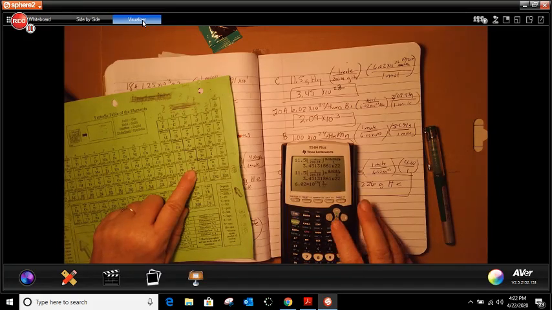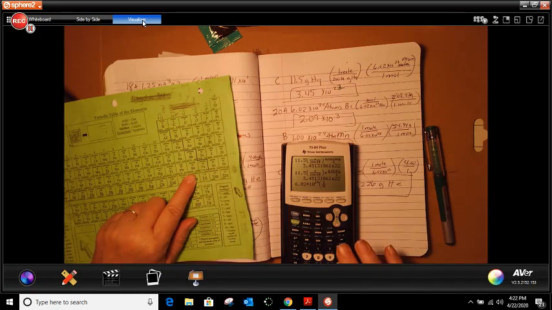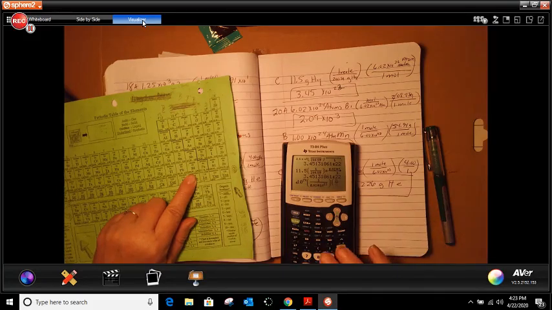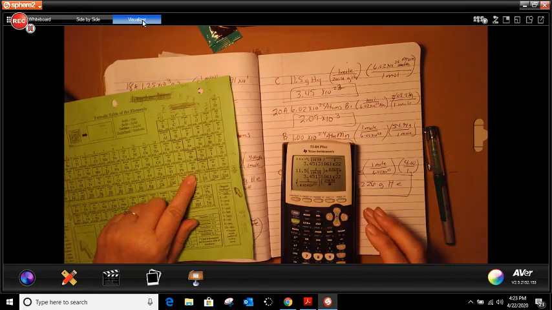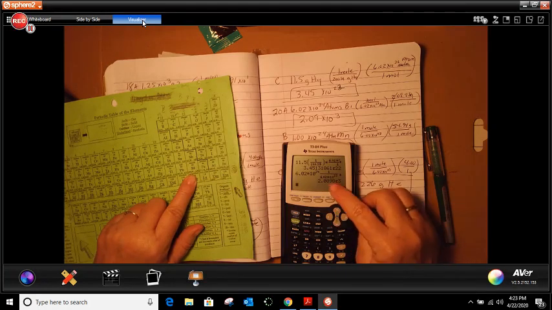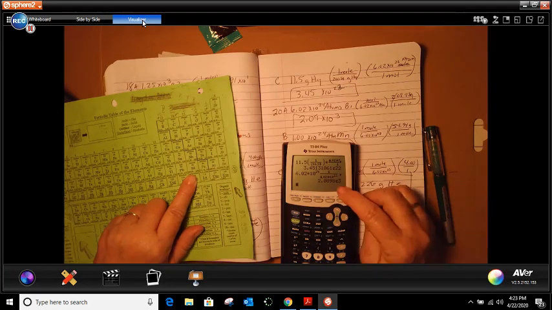We're going to do 1 over 6.02 times 10 to the 23rd power, and close that bracket. Now we're going to open our bracket, alpha y, enter, and do 208.98 over 1. Then we close our bracket, and we get 2.089, which I changed to 2.09 times 10 to the 3rd.